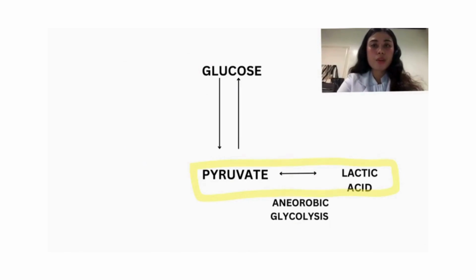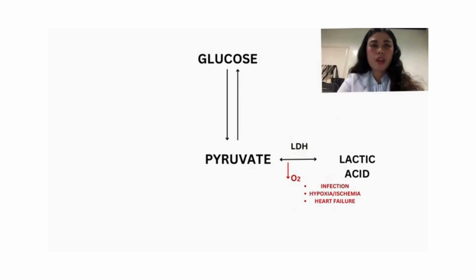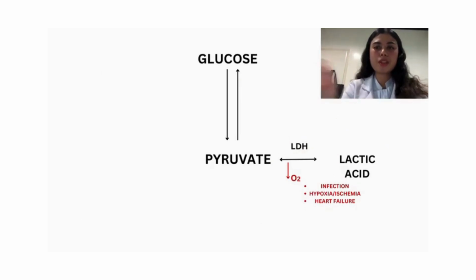It should make sense why, instead of going from glucose to pyruvate and then sending pyruvate to the TCA cycle, we just convert pyruvate to lactic acid, and that's done in the anaerobic glycolysis pathway, which is the first pyruvate pathway that we will be talking about.